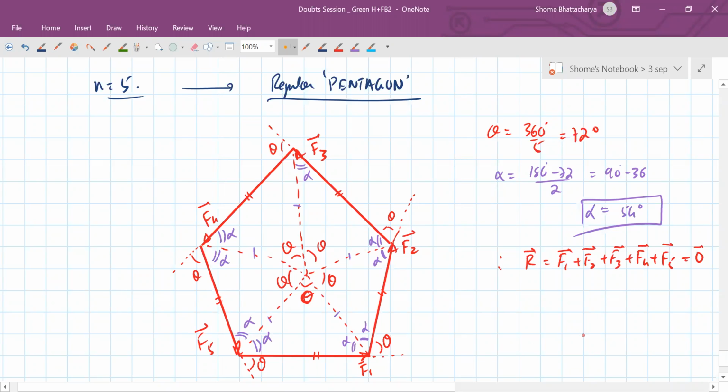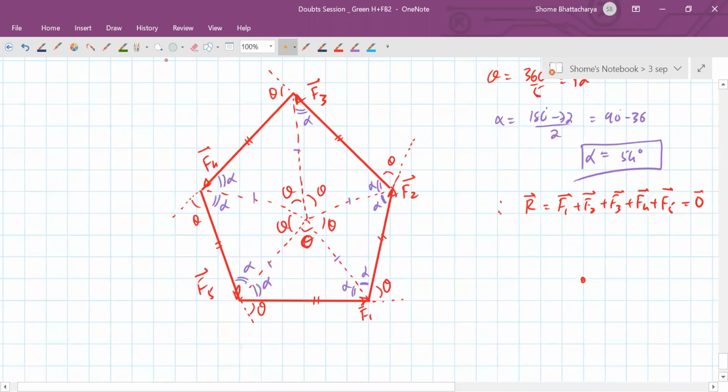Okay. And when you draw them like that, acting at a common point like this, they will look like the diagram we had drawn earlier.